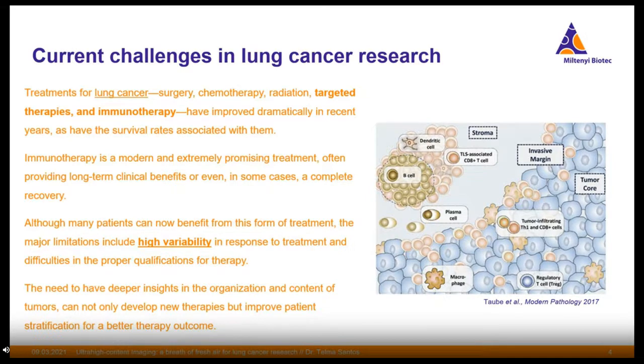But the major limitations include a very high variability in response to treatment and a difficulty in proper qualification for therapy. So we need to have deeper insights into the organization and content of the tumors, and this is not only to develop new kinds of immunotherapy, but also to be able to really identify which kind of patients would be better suited for which kind of therapy.